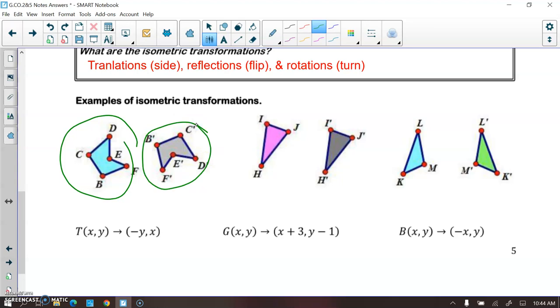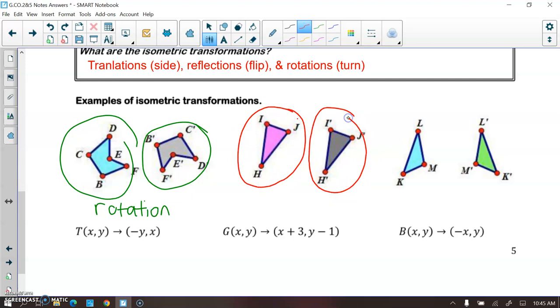So this would be an example of a rotation. In the second example, what I did for my first triangle to get my second triangle, my pre-image and my image, I just slid it across to a different location. So that's a translation.